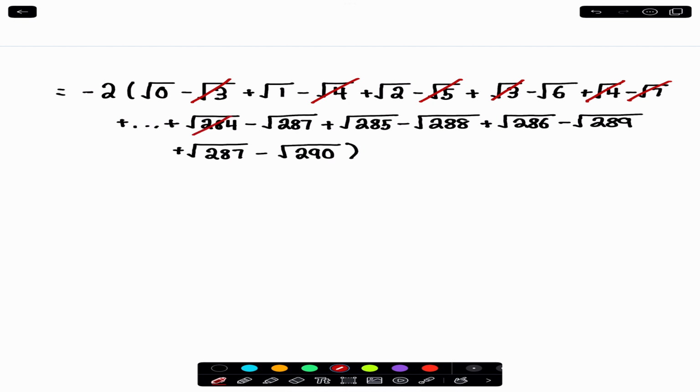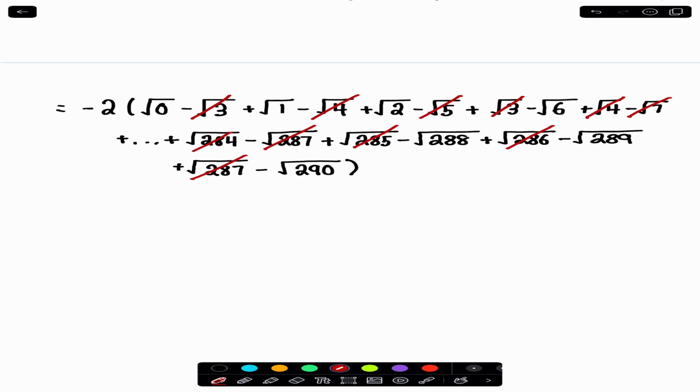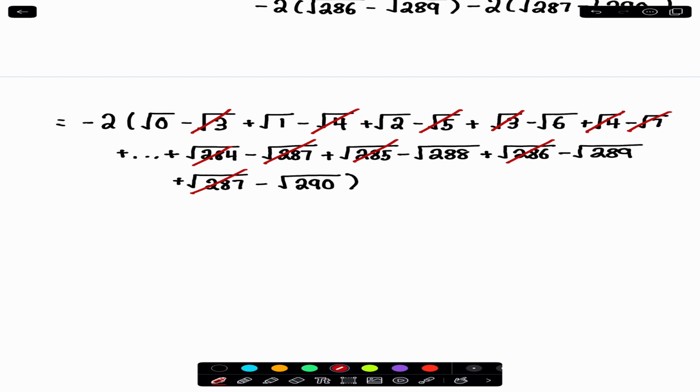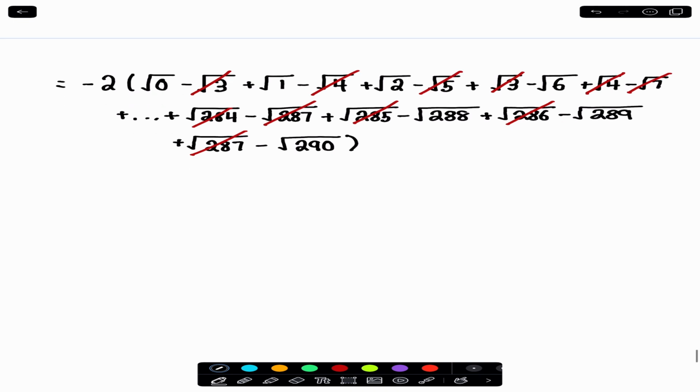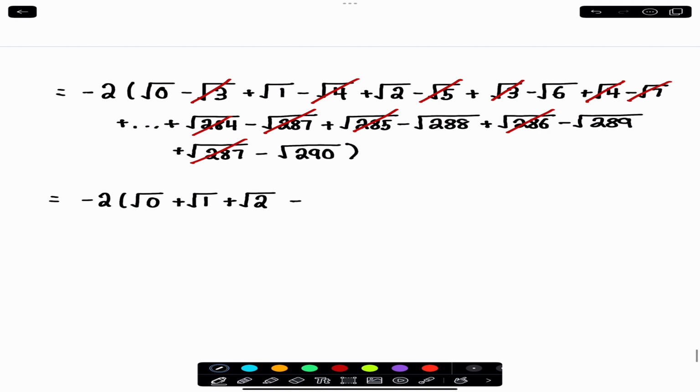So all of these go away. And then minus root 287 goes with root 287. And there we go. It looks like that's all we have left. So in the end, we were left with 3 terms at the start, and then 3 terms at the end.